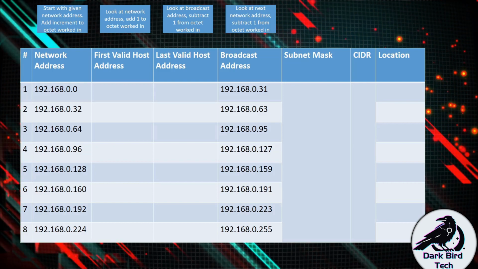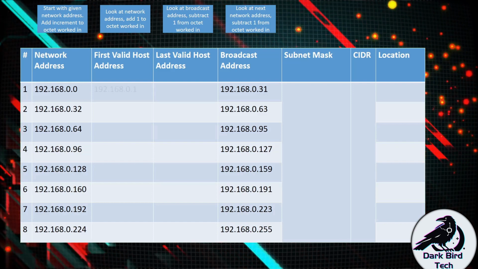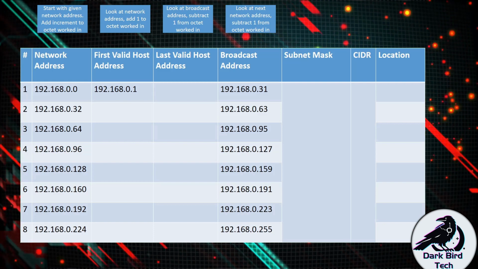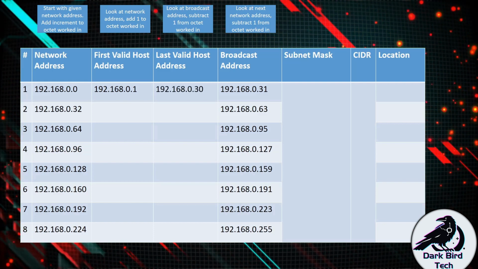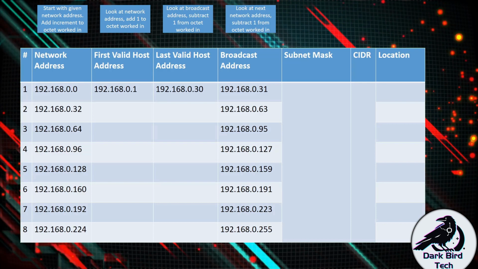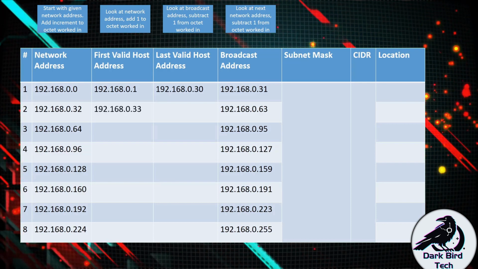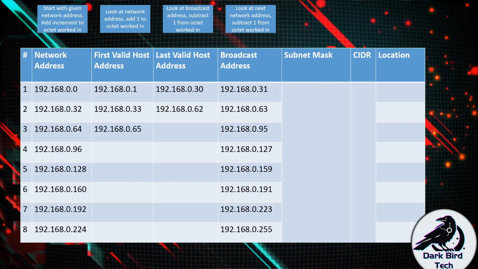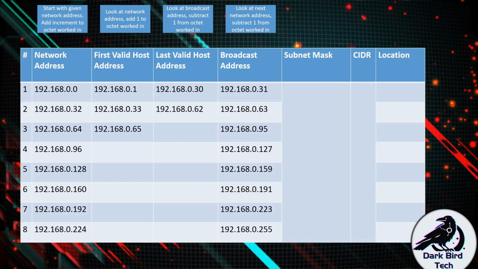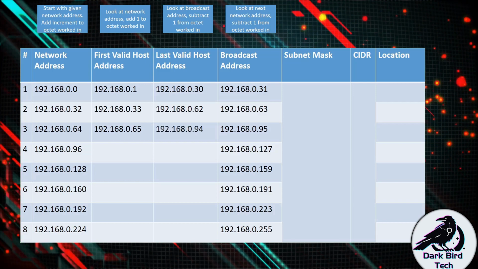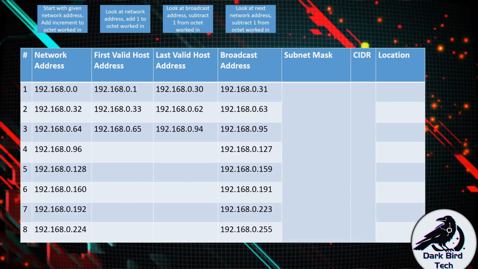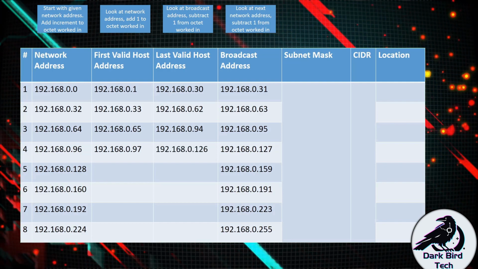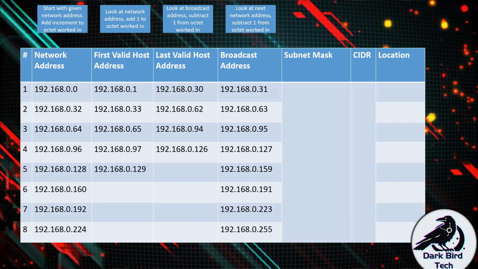So let's see. 192.168.0.0 plus 1 should give me 192.168.0.1. And then 192.168.0.31 minus 1 should give me 30. 192.168.0.32 plus 1 should give me 33. 63 minus 1 should give me 62. 65 should be the next valid first address. Then for that network, it should be 94 as the last valid host address. 96 plus 1 gives me 97. 127 minus 1 gives me 126. 128 plus 1 gives me 129.